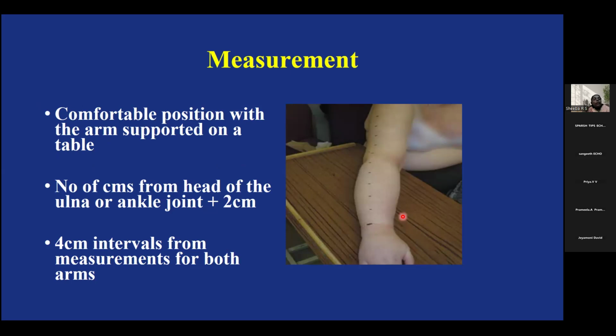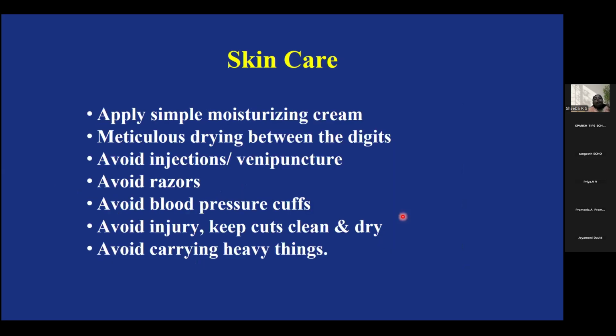You have to give a comfortable position, and for the upper limb edema measurement, you take the head of the ulna plus 2 centimeter, then every 4 centimeter. You have to mark the points first, and then take the circumference. For the lower limbs, from the ankle joint plus 2 centimeter, then every 4 centimeter.